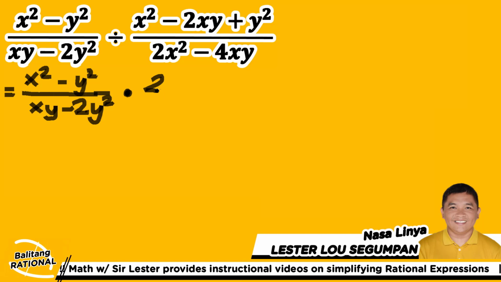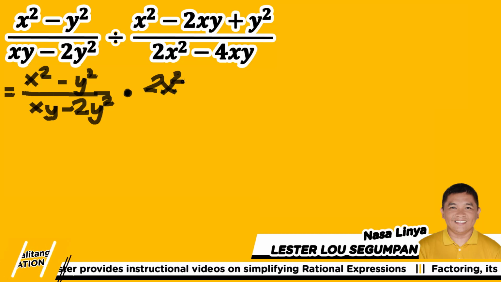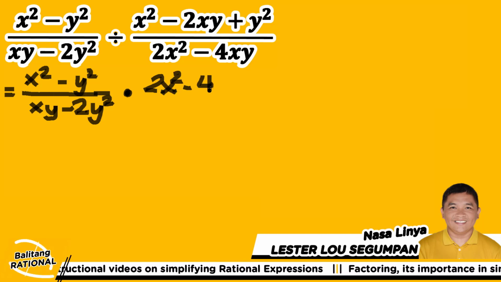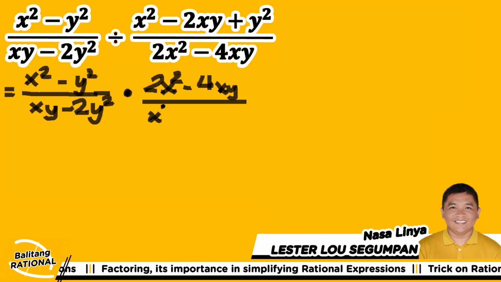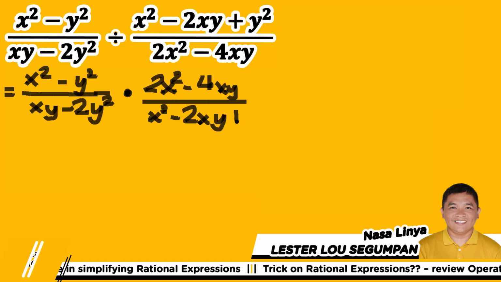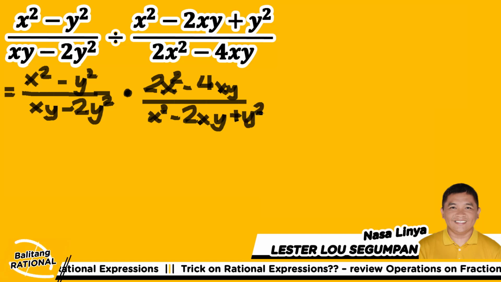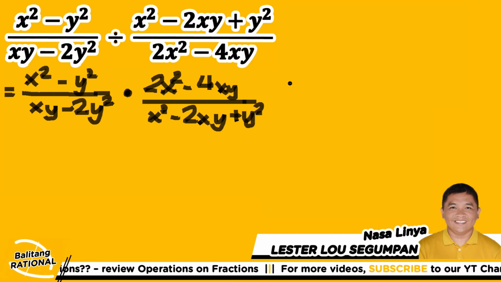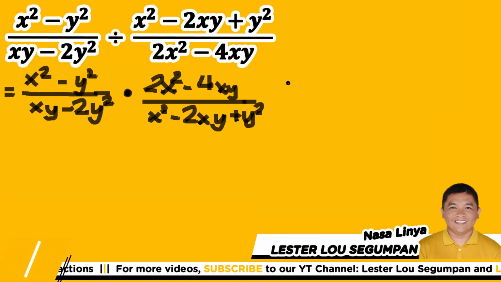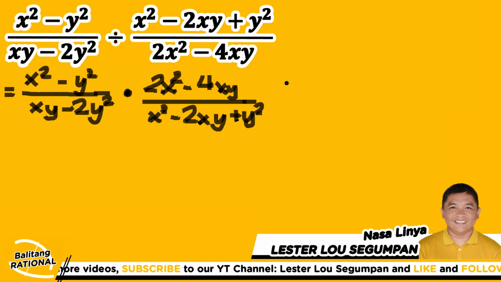So instead, this would be our numerator, 2x squared minus 4xy, all over your original numerator, x squared minus 2xy plus y squared. Now that we have established another operation from our given rational expression, mag-factor na po tayo sa ating mga terms or expressions so that we could see factors na pwede natin i-cancel.